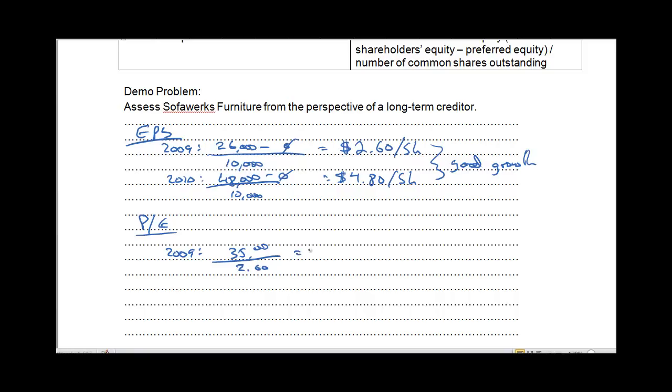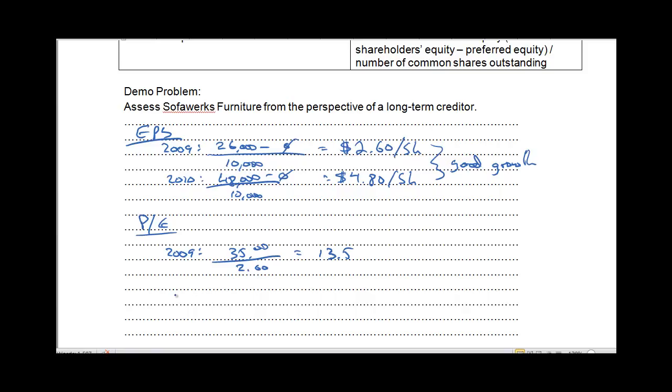That tells you for every dollar of earnings how much it costs to buy the share. So 13.5 means that in 2009 you paid $13.50 for every dollar of earnings that the company generated. You paid that in share price.